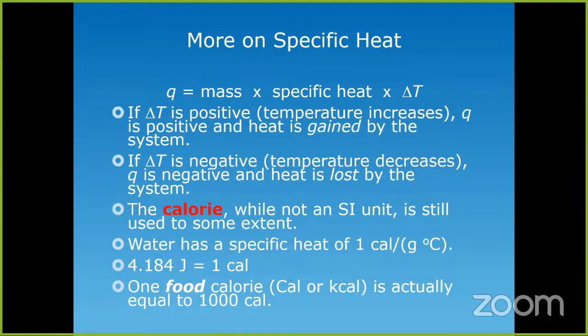And as suggested in the name of that unit, this is a unit that is used more often by people practicing nutrition. People in the nutrition field tend to use a food calorie unit.